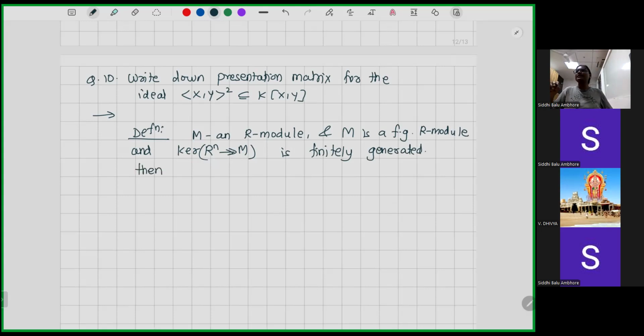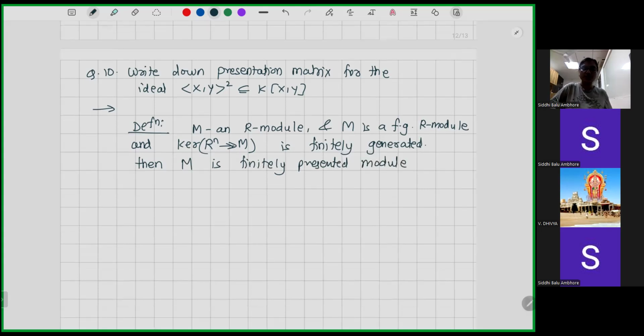Then we can say that M has a presentation matrix only if M is finitely generated and the kernel of this map from R^n to M is also finitely generated. Then only we can say that M is a finitely presented module. What is this finite presentation?